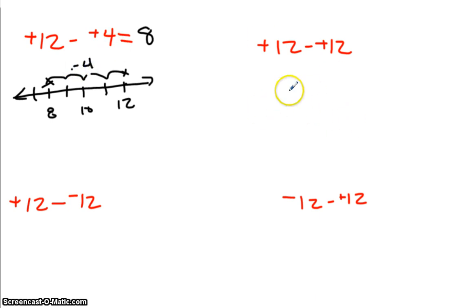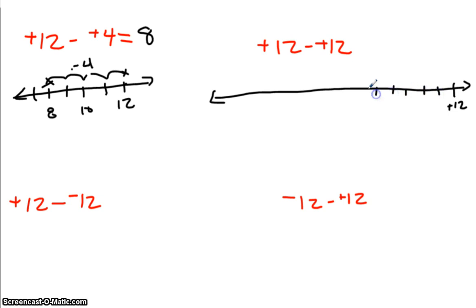All right. Now, so that's pretty basic. Now what we have here is positive 12 minus a positive 12. So again, on the number line, if we start at 12 and 11, 10, 9, 8, 7, 6, 5, 4, 3, 2, 1, 0, negative 1.